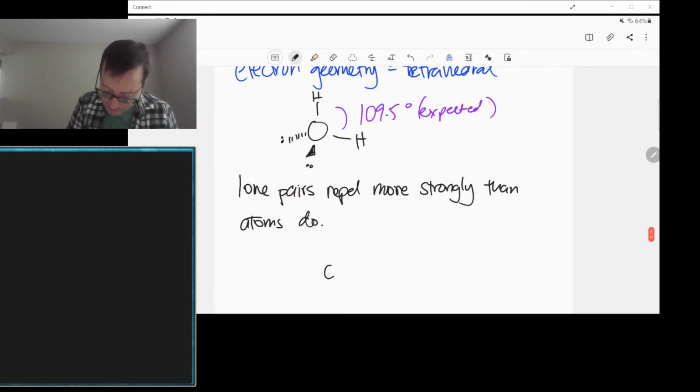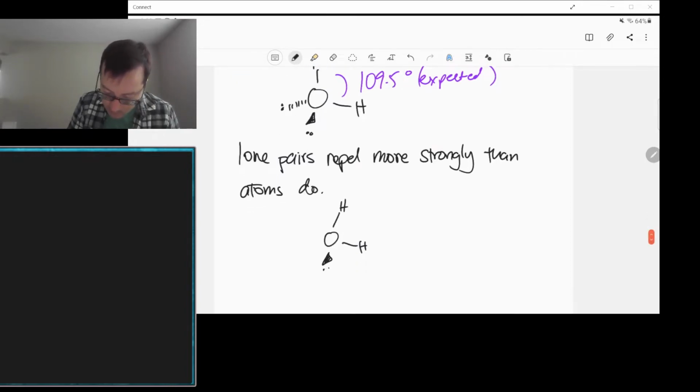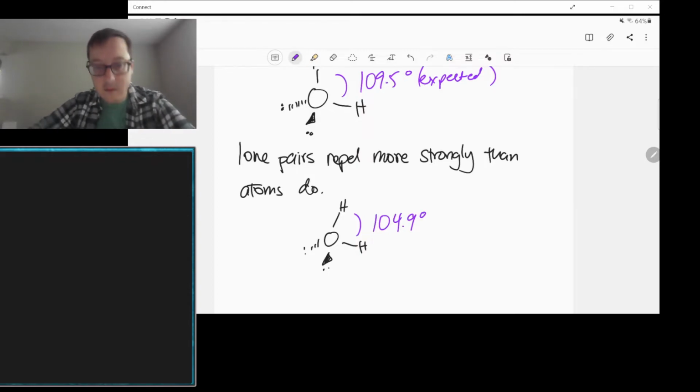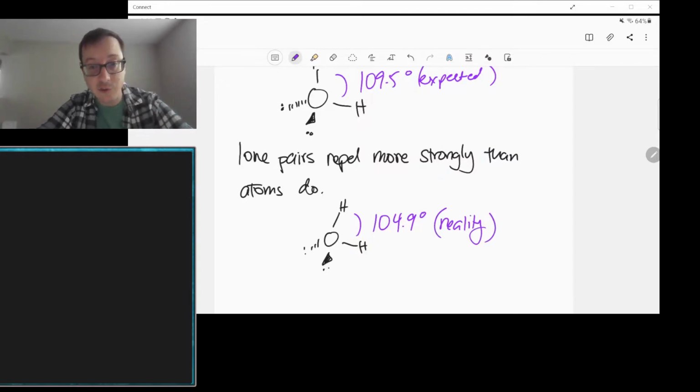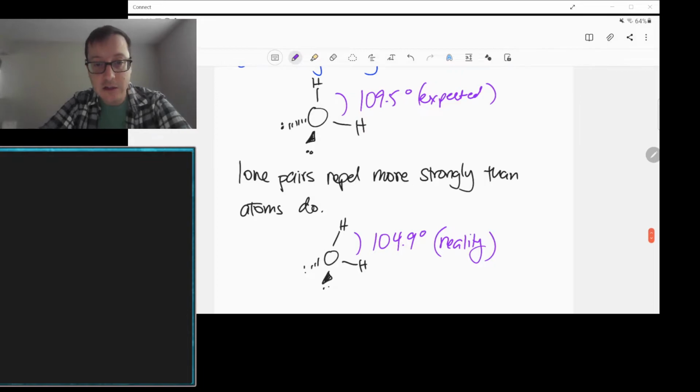And so in reality, they actually push a little bit more on our little hydrogens, and they compress that angle to 104.9 degrees. So we actually get a smaller angle between the HOH atoms, because the lone pairs are repelling the hydrogens more than the hydrogens repel each other. So the lone pairs are pushing the hydrogens closer together, because lone pairs are stronger at repelling because they're more concentrated electron density.